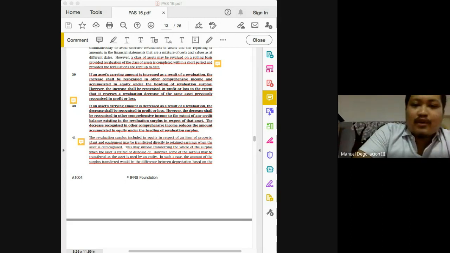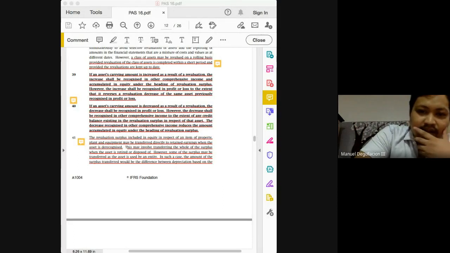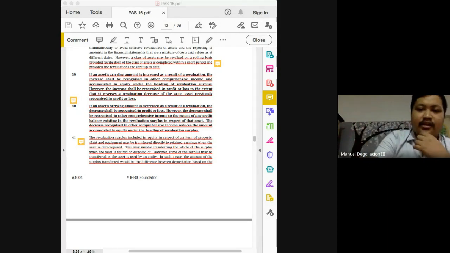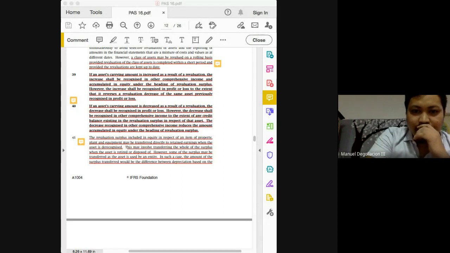The remaining revaluation surplus is not transferred to your profit or loss, but instead it is directly transferred to your retained earnings. As far as theory is concerned, what happens to the revaluation surplus if the PPE is already disposed? Will it undergo reclassification adjustment? The answer is no. It will be directly transferred to your retained earnings.